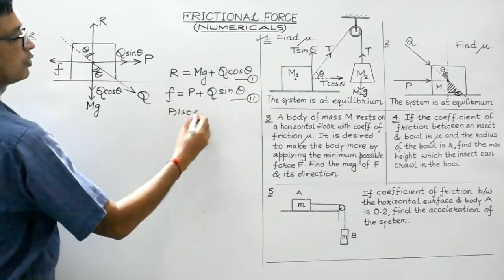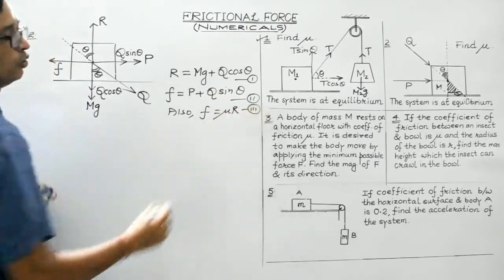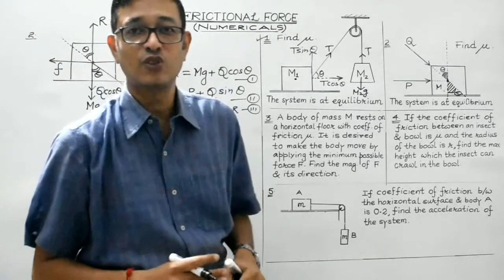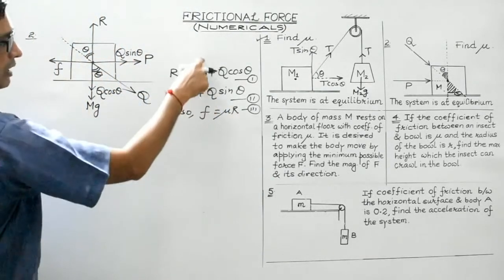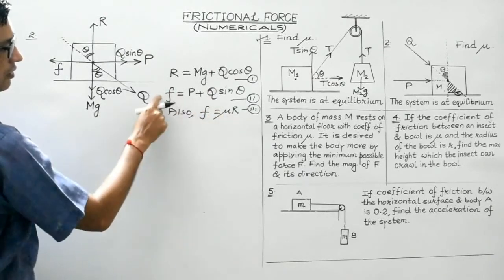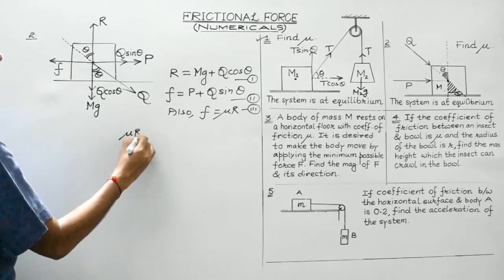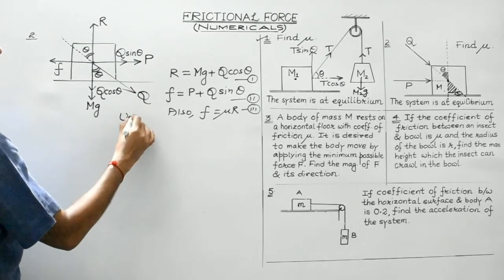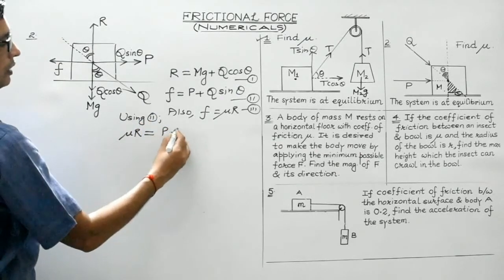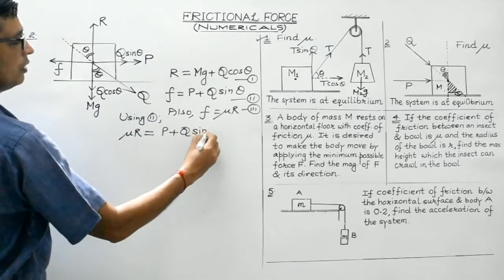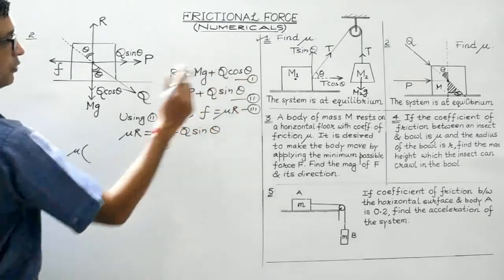Also, we are aware, students, F is equal to mu R. Mu is the coefficient of static friction, whose expression is to be determined. Right? So, making use of these three, using equation 2, we get F is equal to mu R, which is equal to P plus Q sine theta. So mu, substitute this value of R from equation 1.